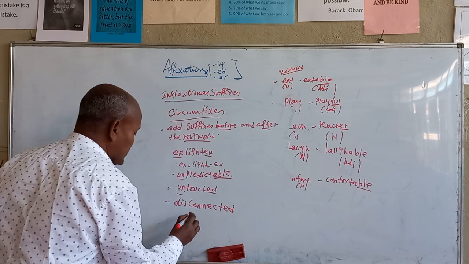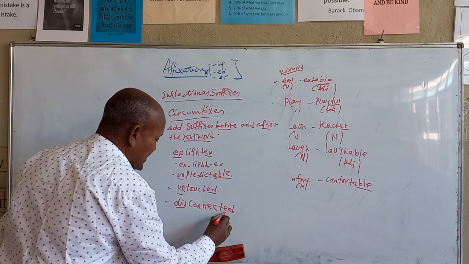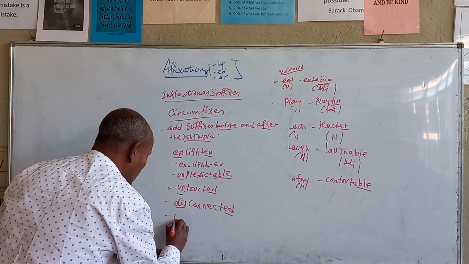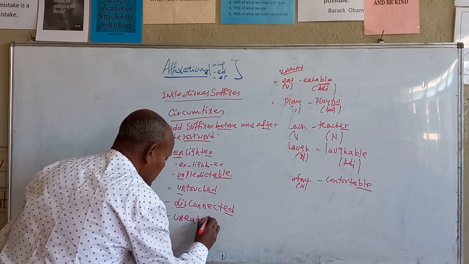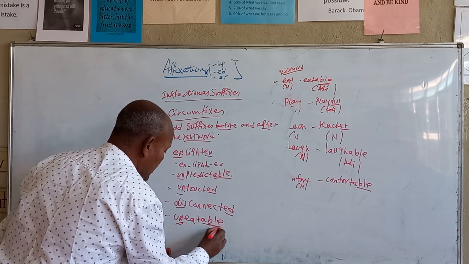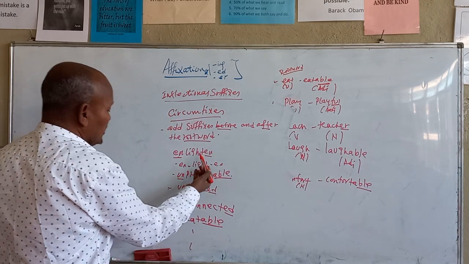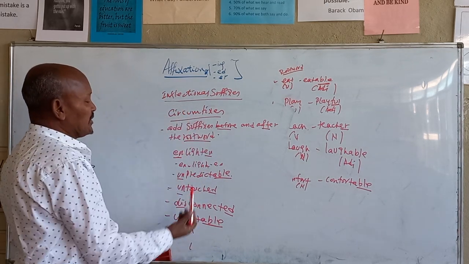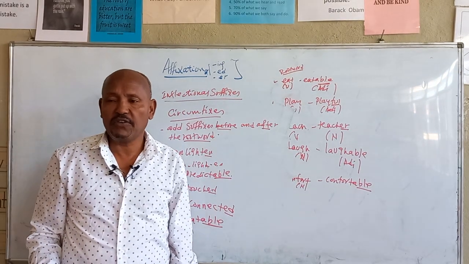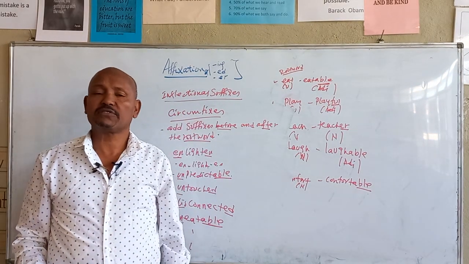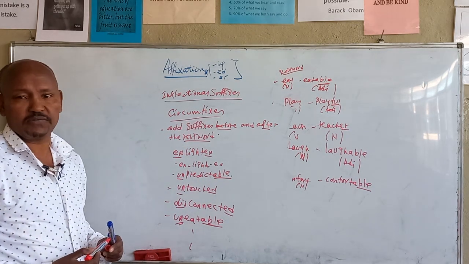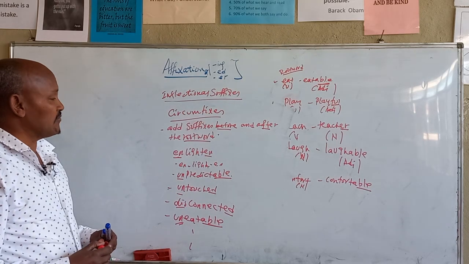Look, this example is here: dis and ed, disconnected. Look here, uneatable: un and able. Uneatable, see. These kinds of words are circumfixes because they add affixes before and after the root word. The third kind of affixation is circumfixes.